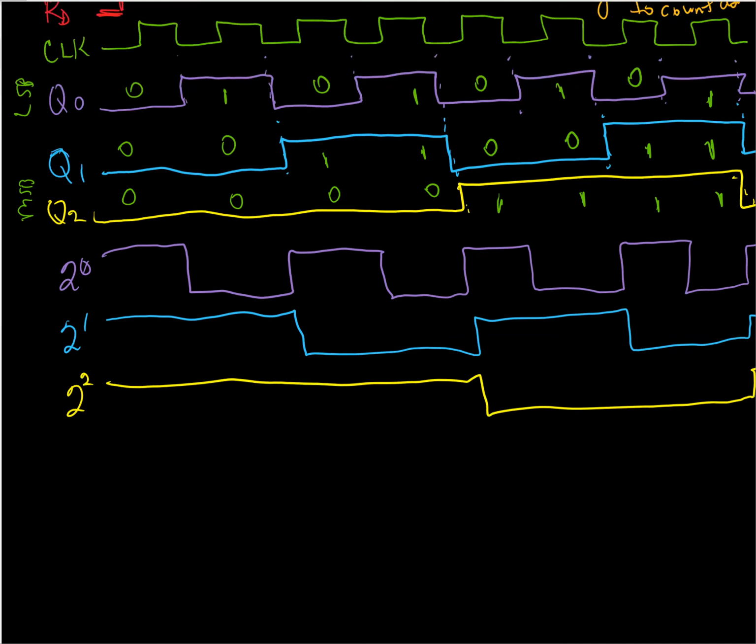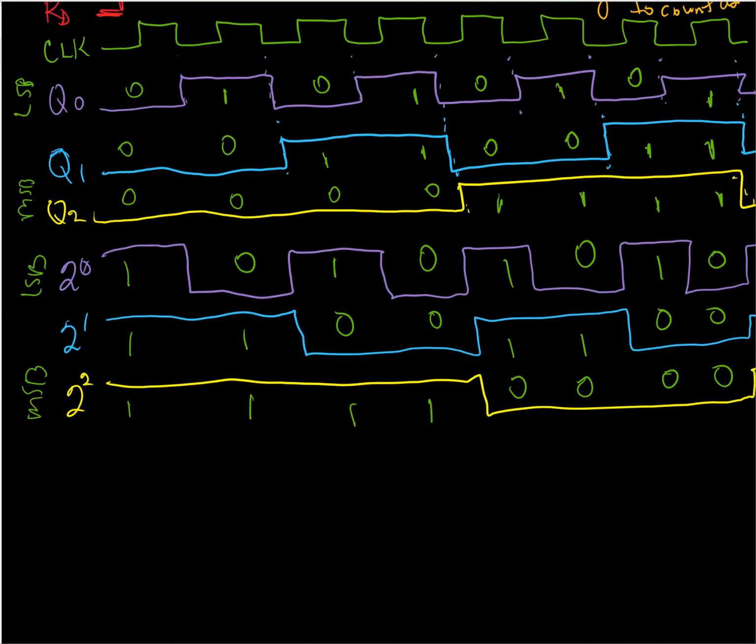So if we turn our head and analyze this, if this is most significant bit and this is least significant bit, I've got 1, 1, 1. Actually, let me draw those the right way around. So 1, 1, 1, 1, 1, 0, 1, 0, 1, 1, 0, 0, 0, 1, 1, 0, 1, 0, 0, 0, 1, 0, 0, 0, and then it goes back to 1, 1, 1.